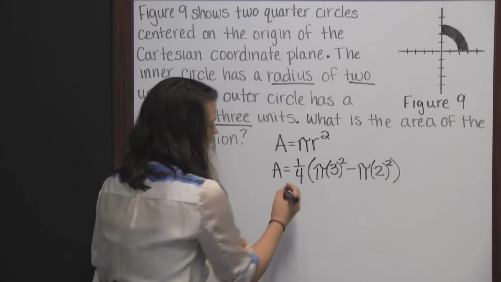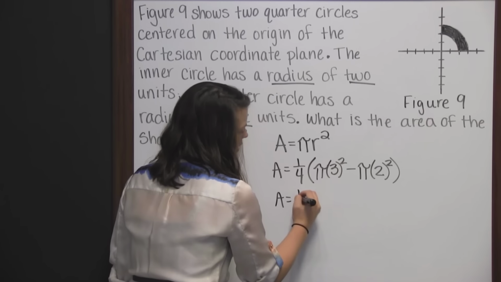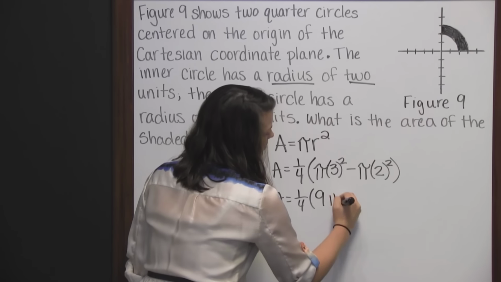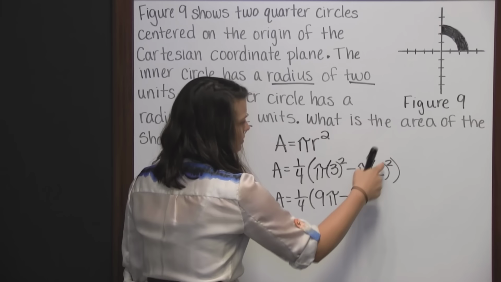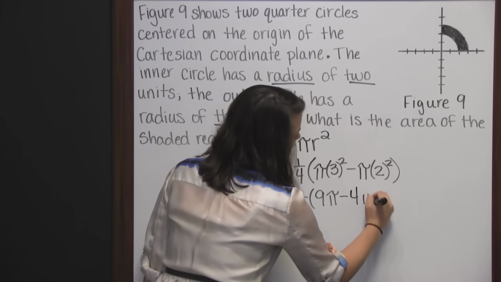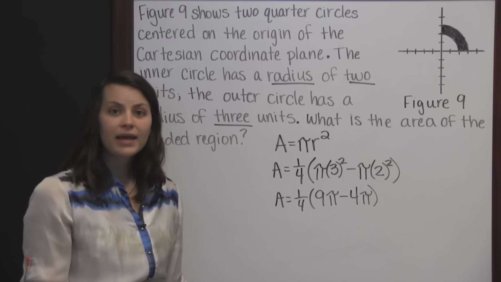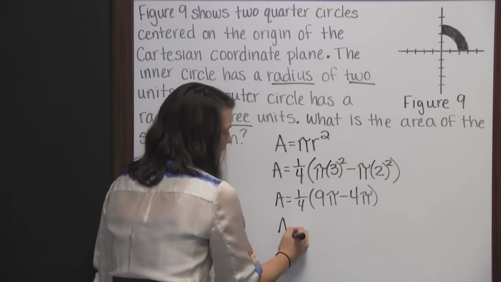And now let's simplify that. So we get area is 1/4 of 3 squared is 9, so 9 pi, minus 2 squared is 4, so 4 pi. Now since each one of these terms has a pi in it, we can factor the pi out.